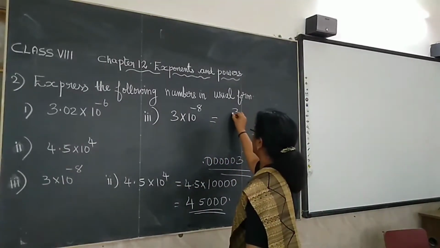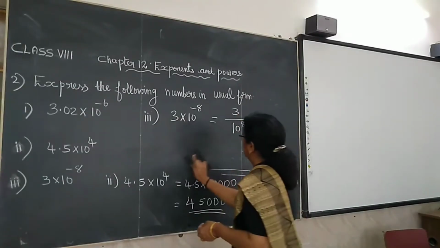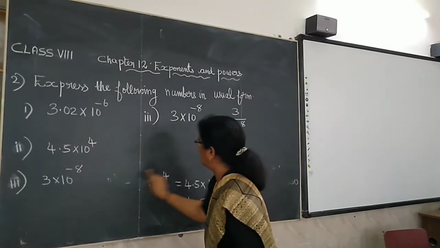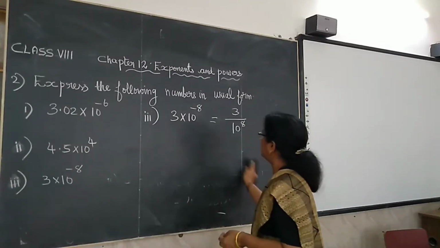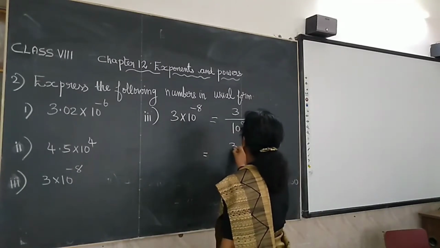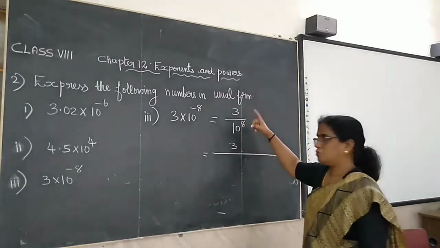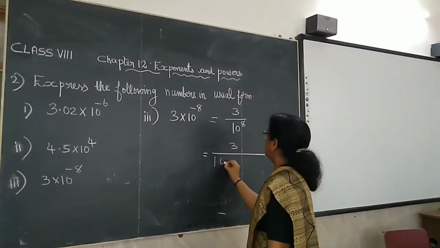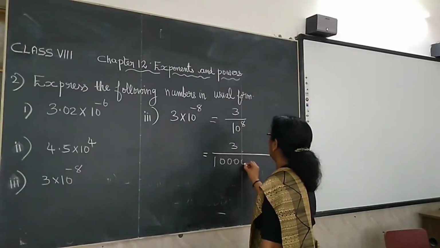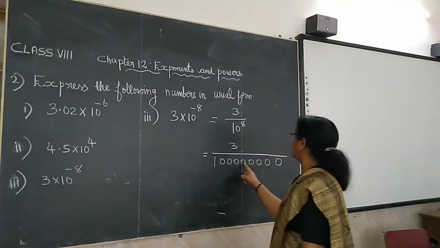Therefore 3 divided by 10 raised to 8. Now this becomes 3 divided by 1 with the 8 zeros, because 10 raised to 8. Therefore after 1, 8 zeros: 1, 2, 3, 4, 5, 6, 7, 8.